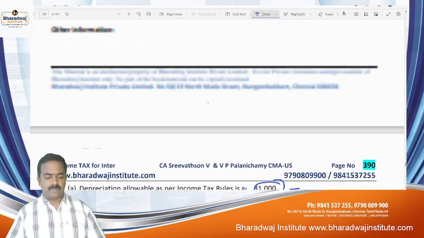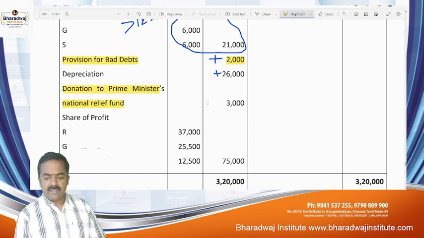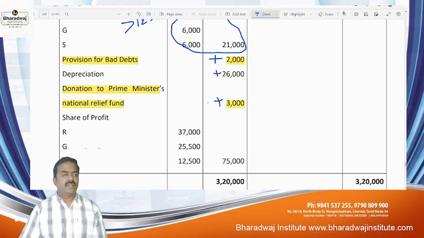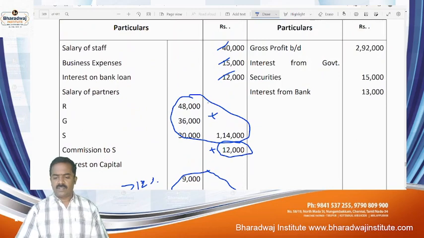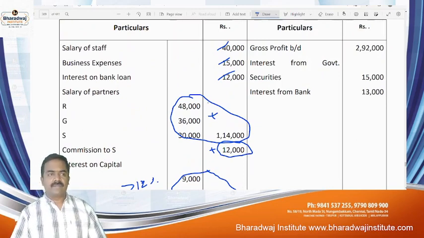Then what about donation to the Prime Minister's National Relief Fund? This is covered in 80G. So this will be disallowed as an expense here, but deduction can be given under section 80G. So we will take net profit as a starting point and work out. Then what about interest from government security? We will eliminate it. Why?